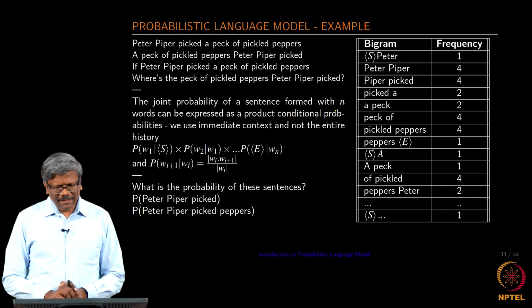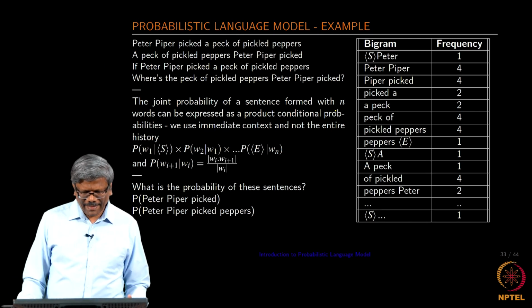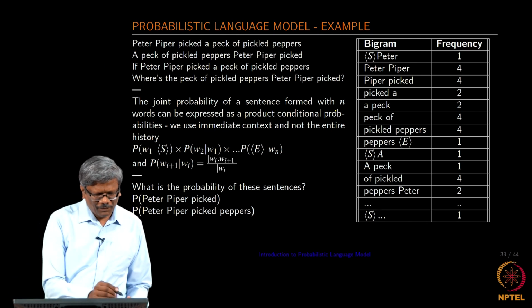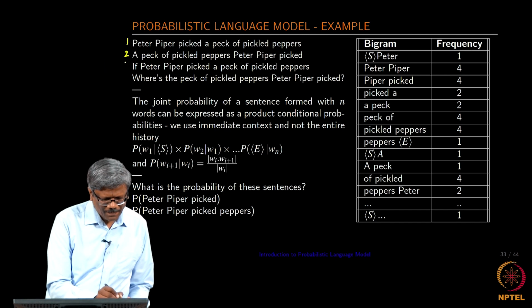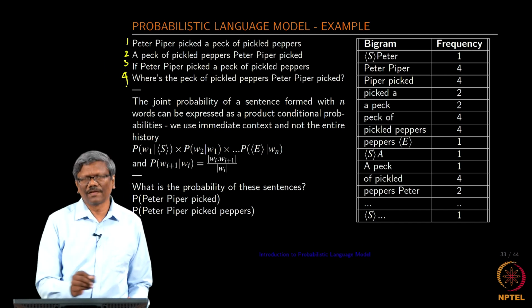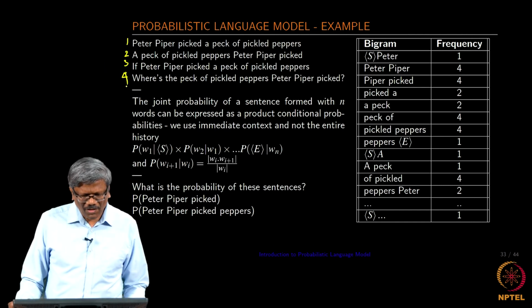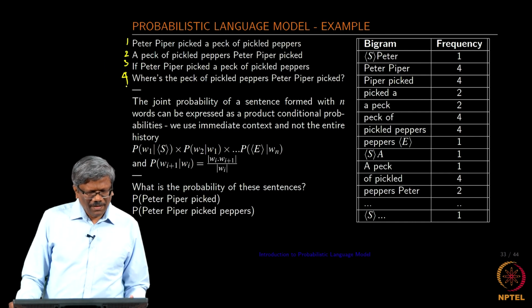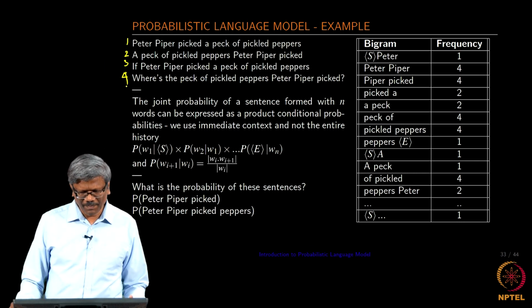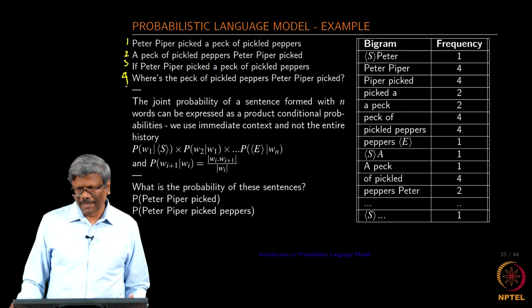So I am taking here an example where I have 4 documents. Consider each sentence as a document. The first one is: Peter Piper picked a peck of pickled peppers. And a peck of pickled peppers Peter Piper picked. If Peter Piper picked a peck of pickled peppers, where's the peck of pickled peppers Peter Piper picked?